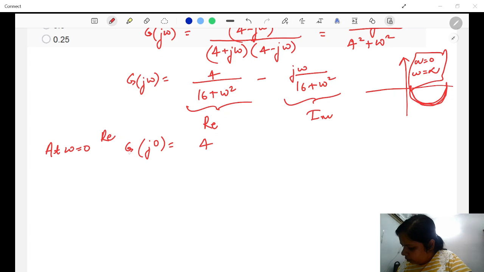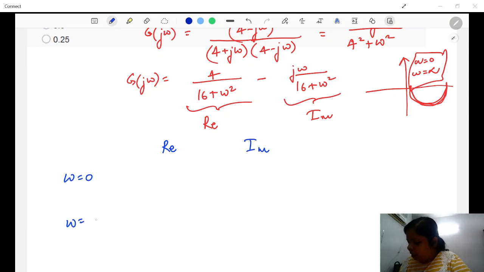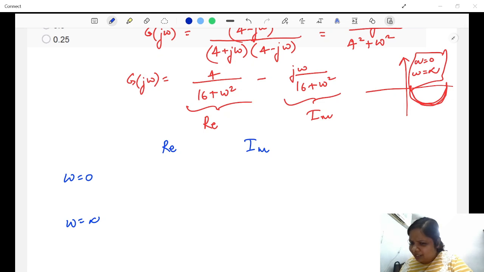I'll make a table: this is real, this is imaginary, this is omega equal to 0, and this is omega equal to infinity. You already know the answer, that's good, but I'll proceed with the shortcut now.